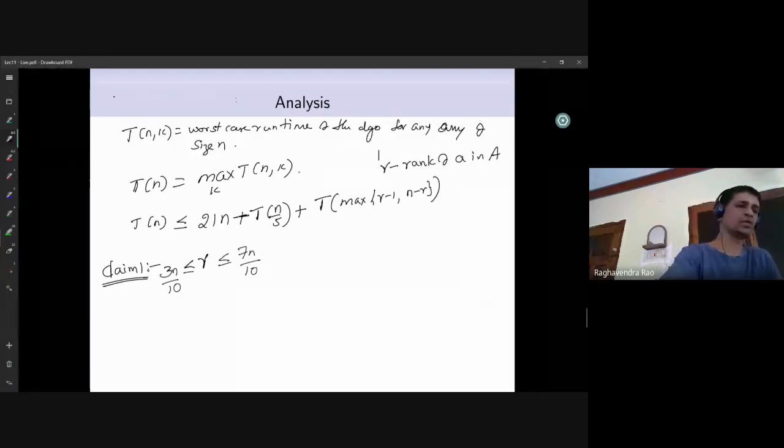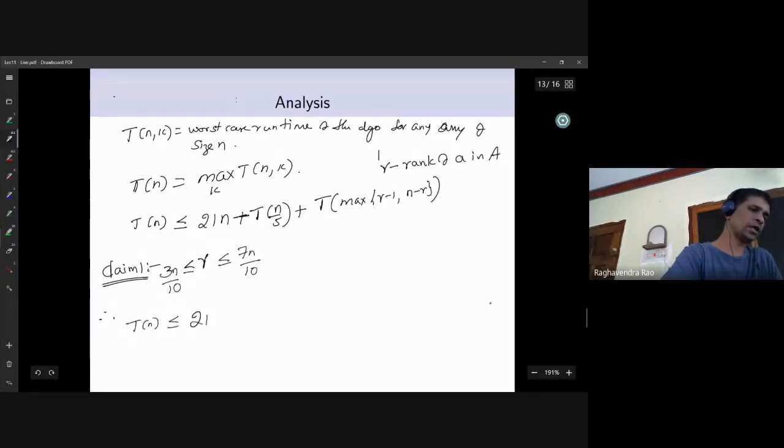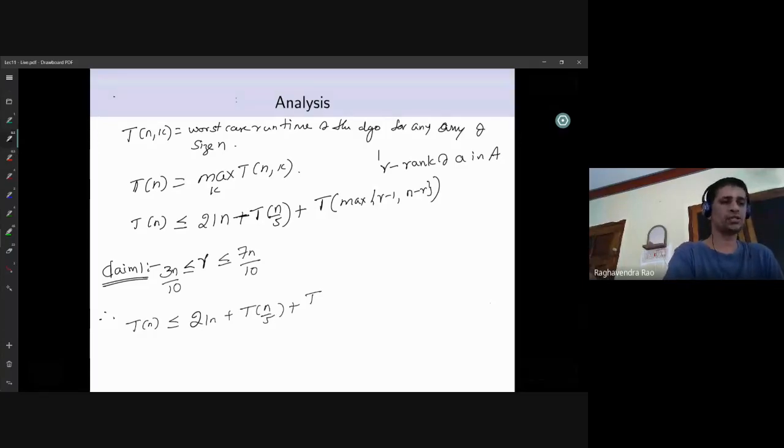In either case, what is the worst case value now? Therefore, T of n is at most 21n plus T of n by 5 plus the max of this. If R is in this range, what is the maximum value of R minus 1 comma n minus R? This will be the max of 7n by 10 comma n minus 3n by 10, which is 7n by 10. So this is our recursion.